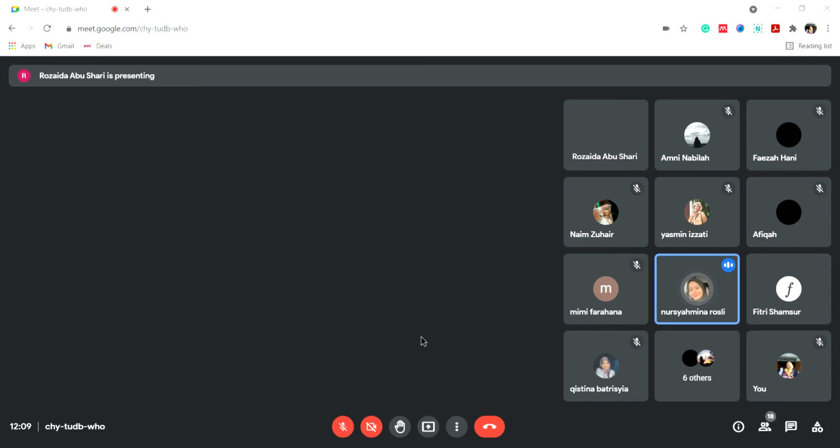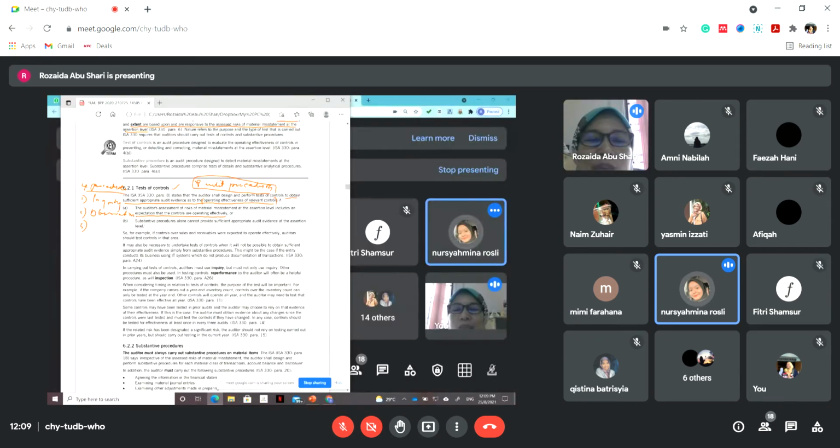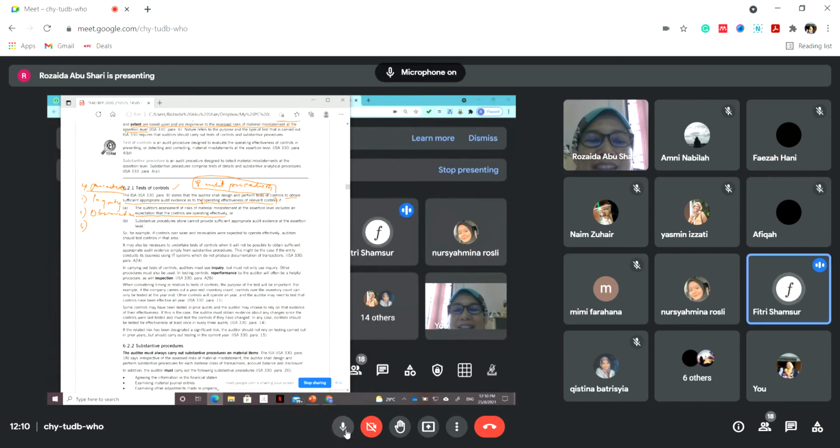Inquiry, okay. Observation, yes, observation. External confirmation? No, confirmation is not under test of control. Inspection, yes, Fitri. Another one.